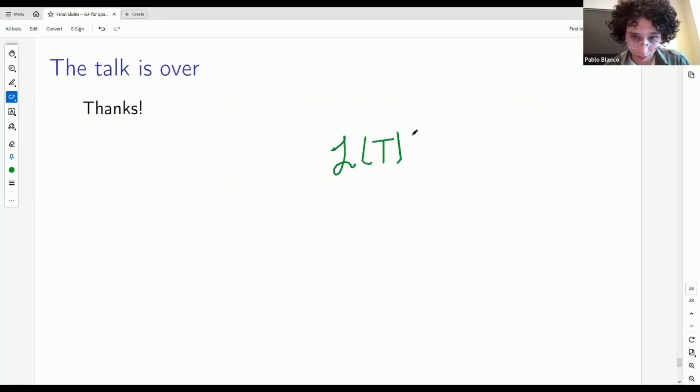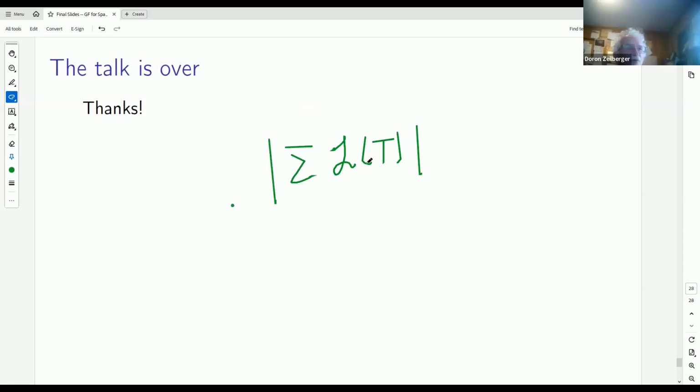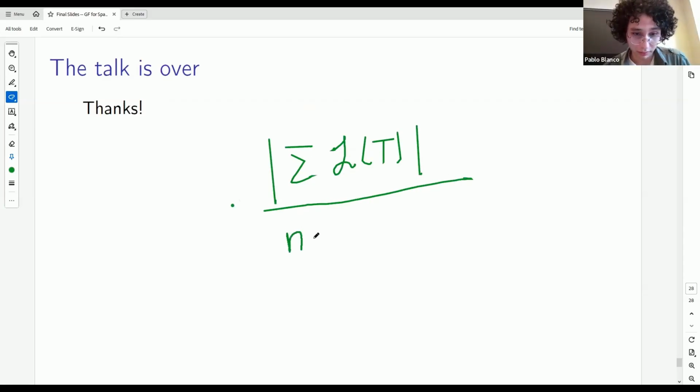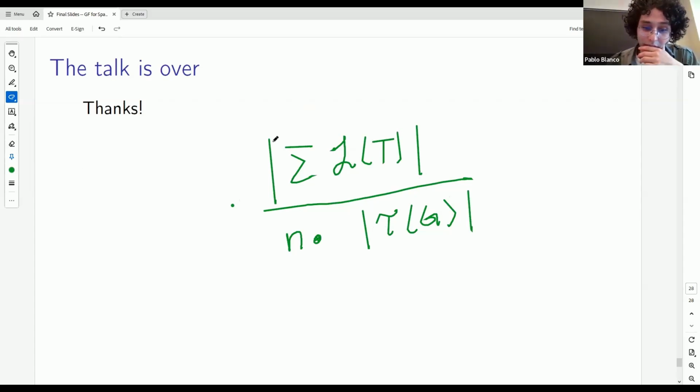So the total number of leaves for any given family. Yeah, for any given family. You divide by the number of spanning trees. So I don't need the absolute value, or cardinality. And then you normalize by the number of vertices. And this is always trivially going to be at most one.